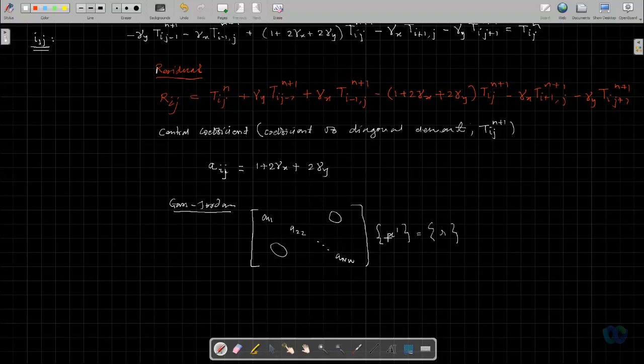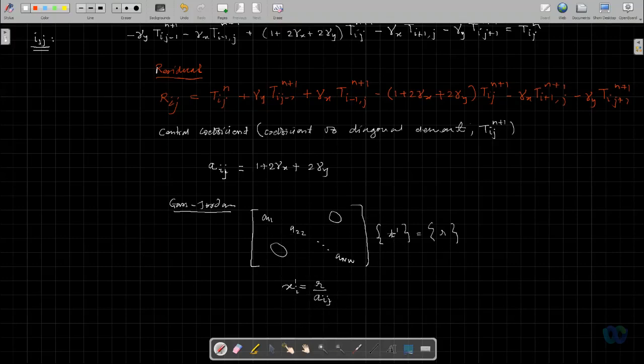So in this case, x prime is always equal to r divided by a. Suppose xi is there, then you have this aij.